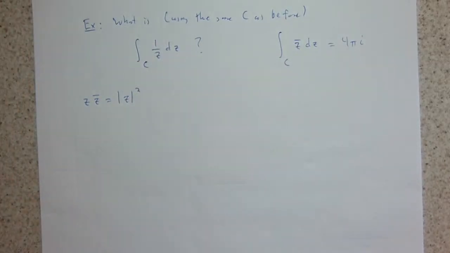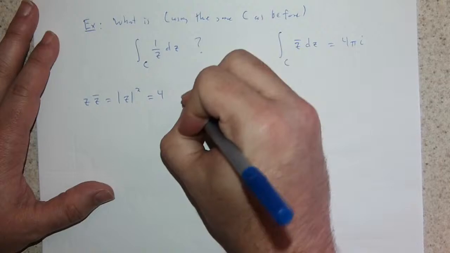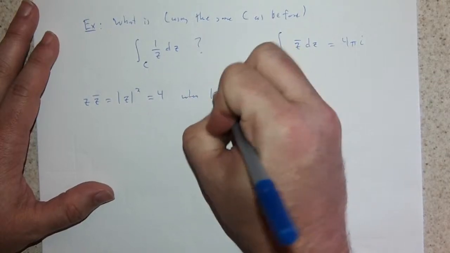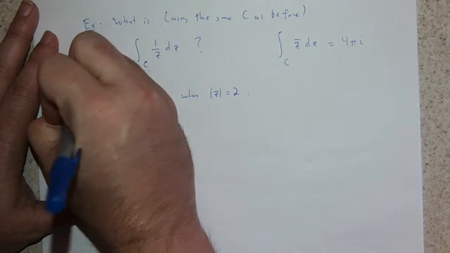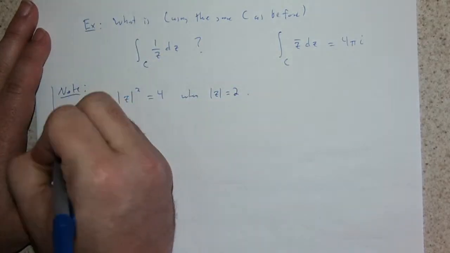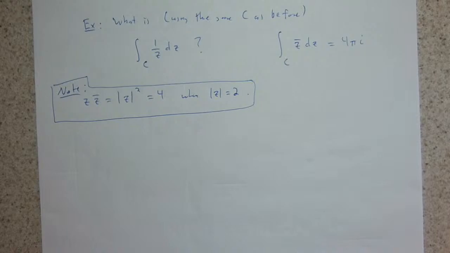We always know that. But this is equal to 4 when the modulus of Z is equal to 2. So note this. Along this particular curve, because you are describing something very nice here, these points are not just any points. They are points that are exactly distance 2 from the origin in the complex plane.